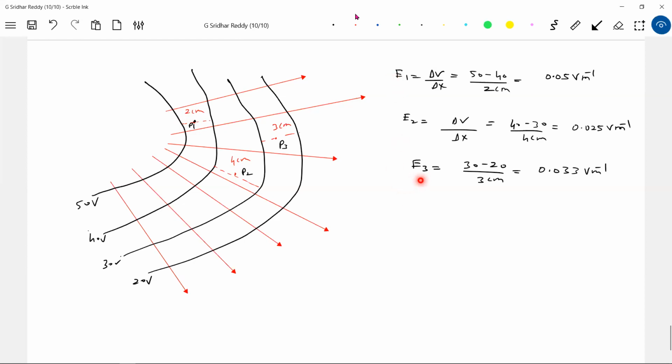Sir, centimeter is in the denominator, no, sir? So it will be multiplied by 100. Centimeter, correct, no? Multiply by 100. 50 will become 500, 500 it will be.